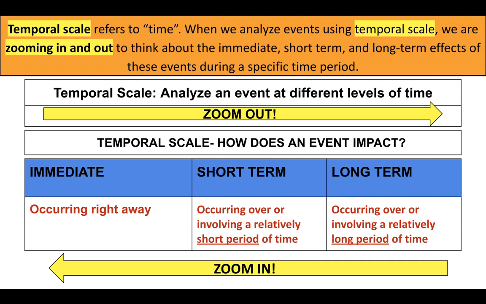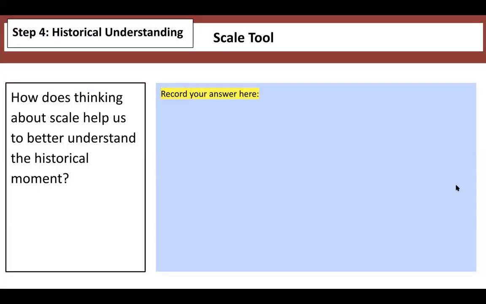And now that they've finished steps 1, 2, and 3, and they have used documents and categorized events in spatial and temporal scale, now it's time to bring it all together. One way to do that, to form that historical understanding, is to have students use their steps and think about, how does thinking about how this historical moment impacted people, either individually or in a bigger, broader sense, and how does thinking of this historical moment in temporal scale, help us better understand this historical moment?